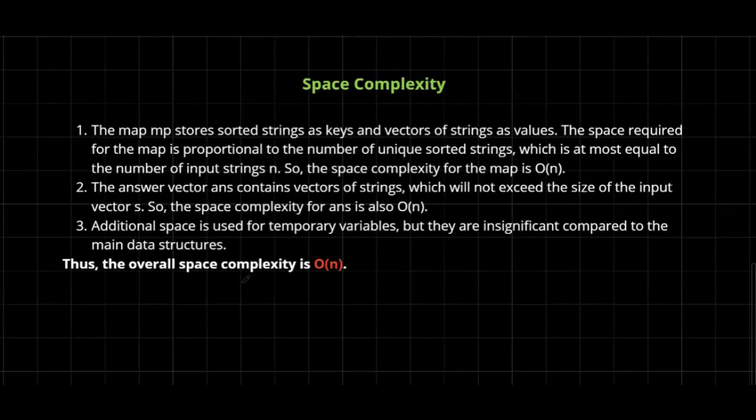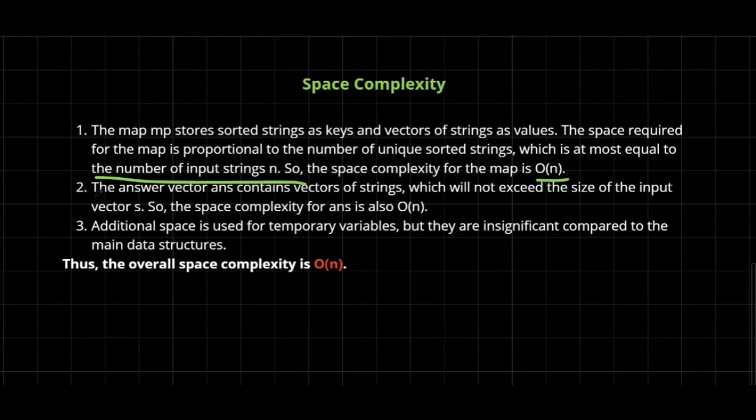Now let's understand the space complexity. Here, the map mp stores the sorted string as key and vector of strings as value. The space required for the map is proportional to the number of unique sorted strings, which is at most equal to the number of input strings. So the space complexity of the map is O(n).